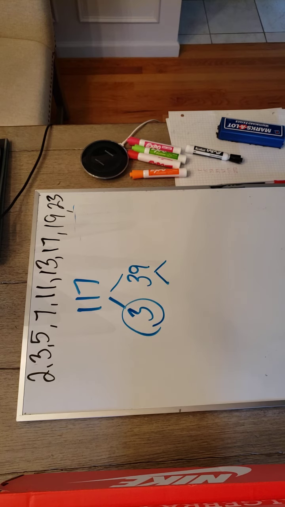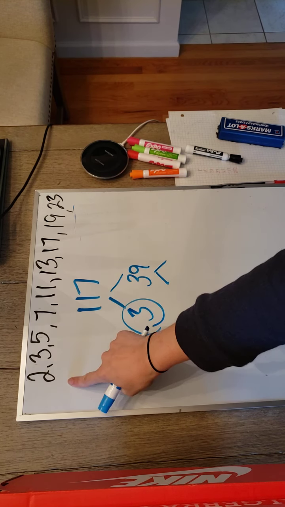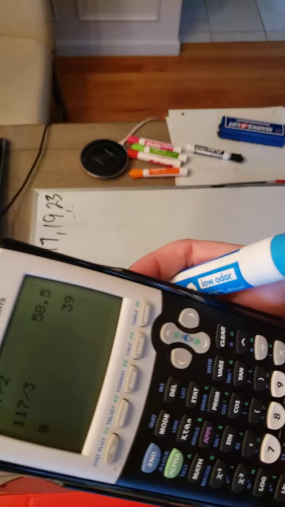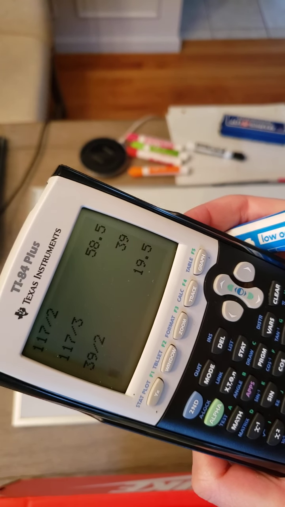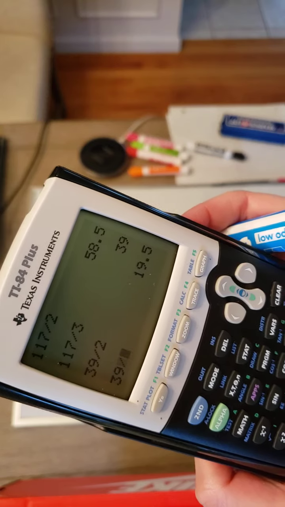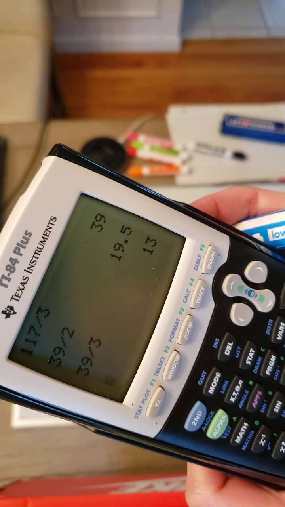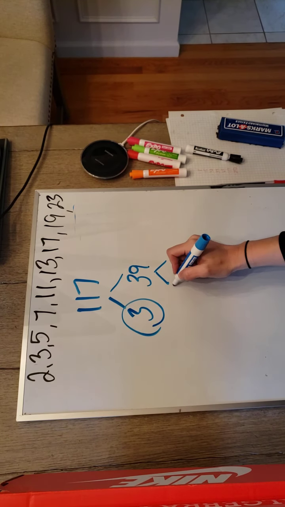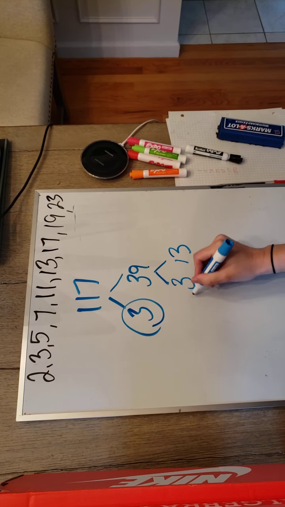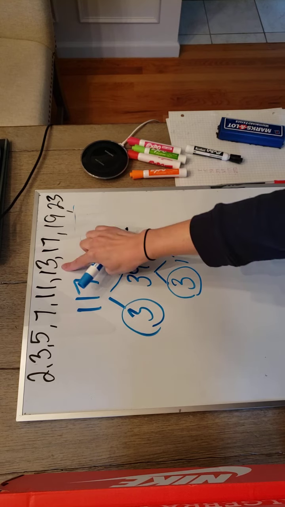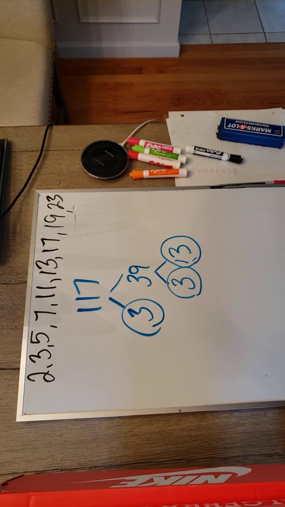So you might not know what goes into 39. Start at the beginning of your list again. Is 39 divisible by 2? Nope, you get a decimal. Is 39 divisible by 3? Yes, it is. 3 and 13. Is 3 prime? Yes. Is 13 prime? Yes.